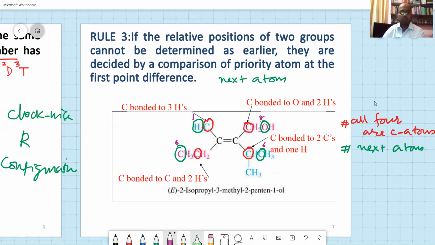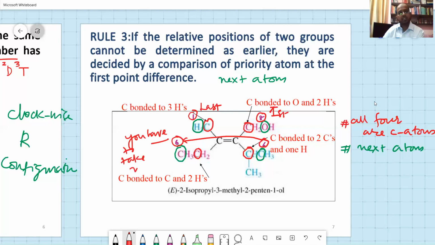If you look at it that way, 8 gets the first priority. And this gets the last priority, because it is 1. Now between these two 6 atoms, you have to decide.